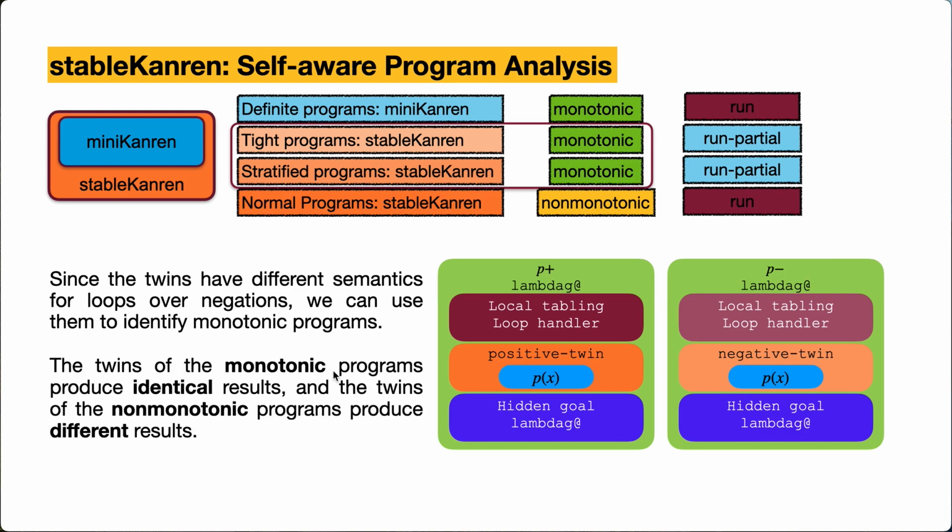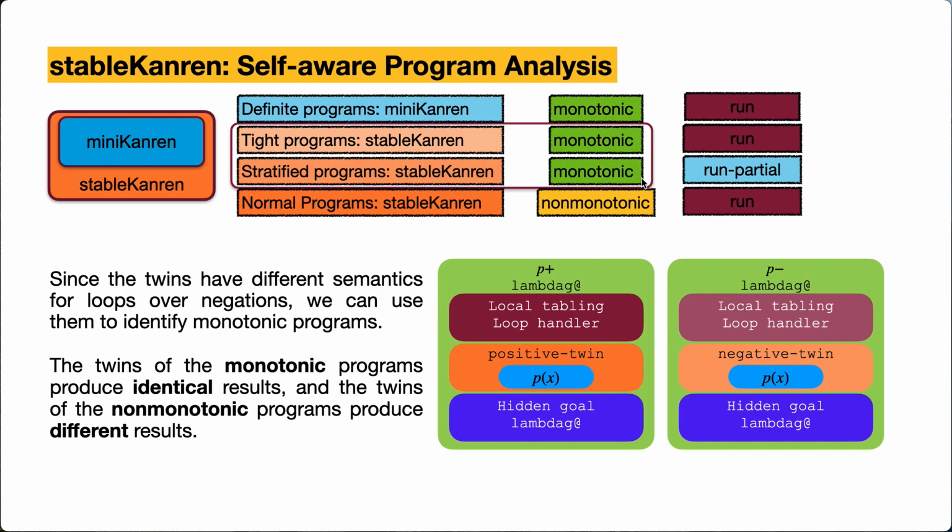The twins of monotonic programs will always produce identical results. For example, P plus and P minus, if they are monotonic, will produce the same result. The twins of non-monotonic programs produce different results. If it's not monotonic, the results of P plus and P minus will be different, and then we need to use the non-monotonic resolutions.